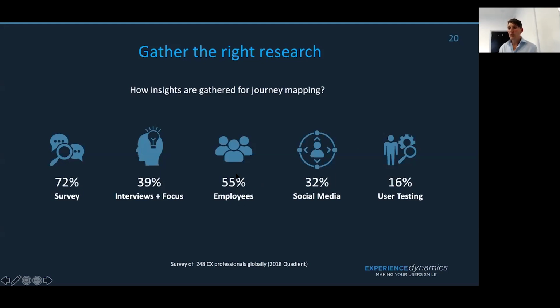It's okay to use employees if the journey map is for employees, but if it's not, then employees are no good for that one. You're just going to get an internal perspective. They are a good source of information. Don't get me wrong, there's nothing wrong with employees, internal sources of data, or quantitative data. But start with quantitative, start with analytics, start with employee input, maybe you've done focus groups, maybe you've done market research.